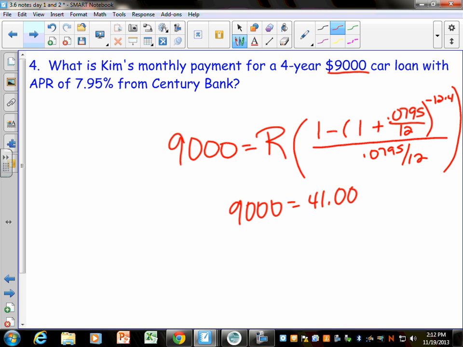I think so. And then when I divided by that, I always put that in parentheses. I got 41.00131941. And again, I just wrote all those numbers down. So to solve for her monthly payment, you're going to divide 9,000 by that giant number. Not really giant, but.